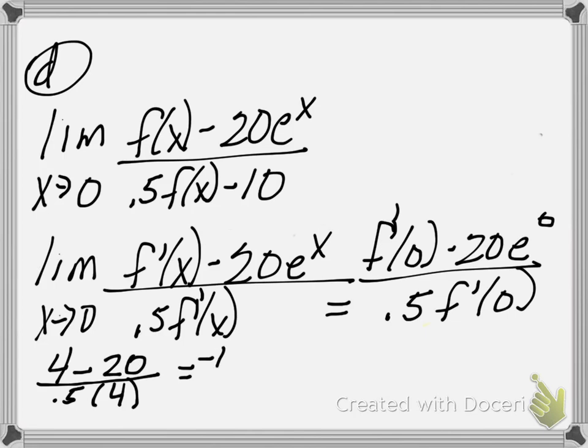This gives us negative 16 over 2, so no problems about having any zeros in the denominator, and that gives us negative 8. So the point values were 1 point for saying that it was L'Hopital's rule, and then 1 point for getting the answer, and that finishes question number 4.